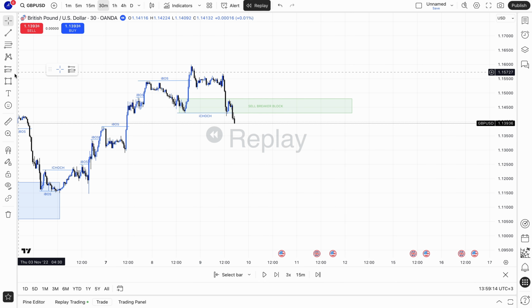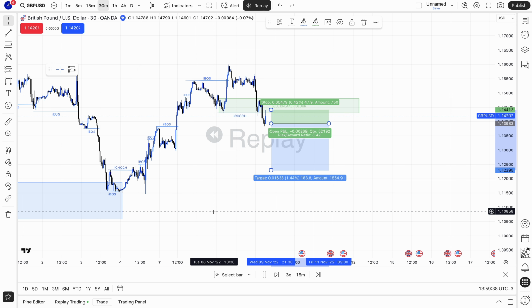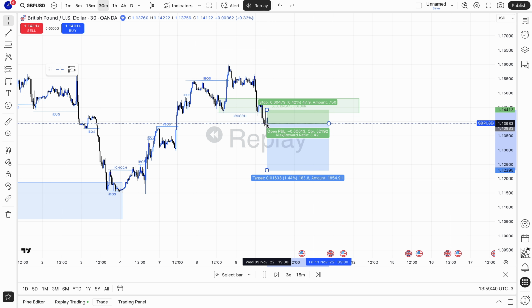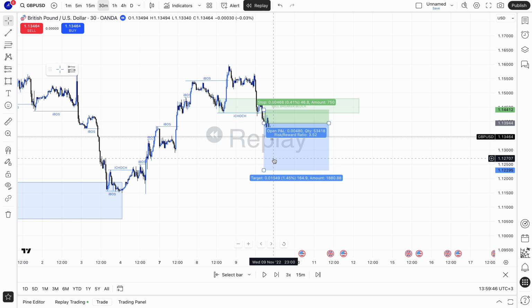Stop loss just below that 30 minutes candle that disrespected this demand zone.